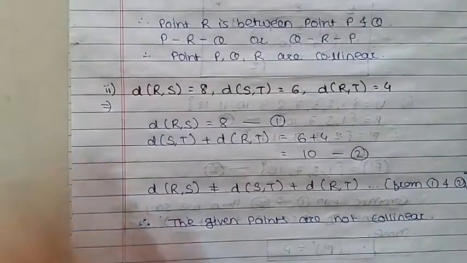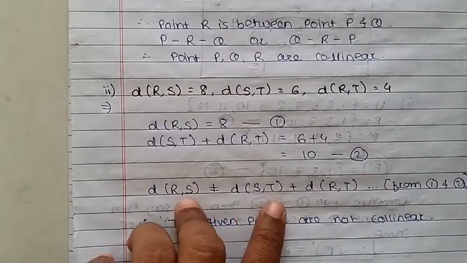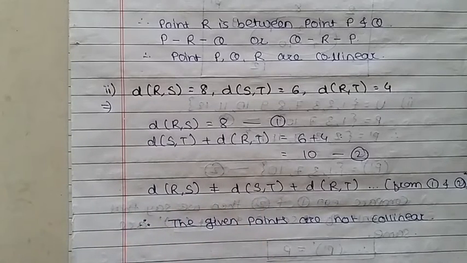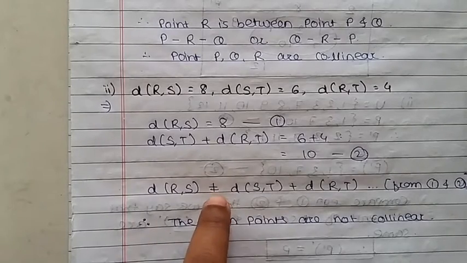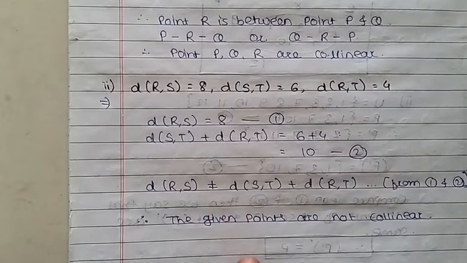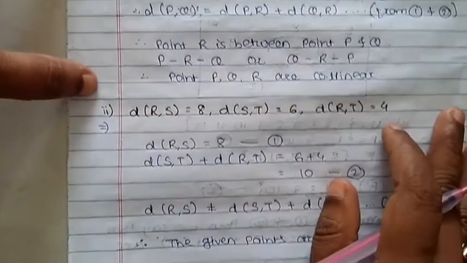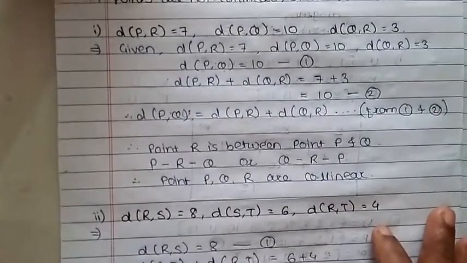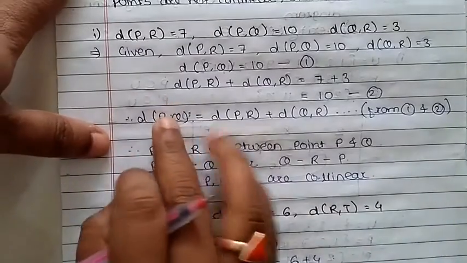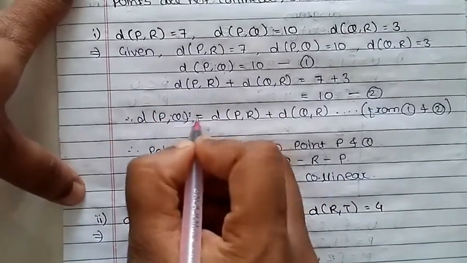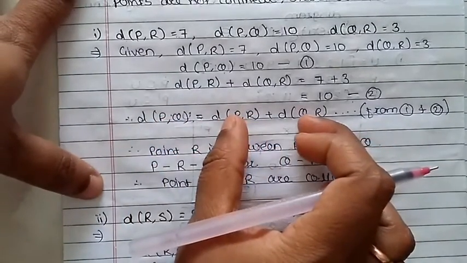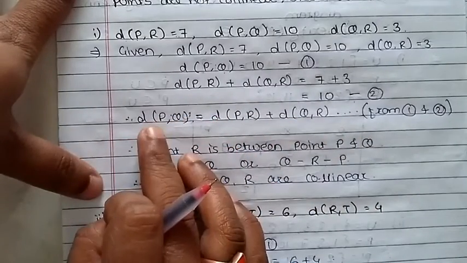Okay, when they are equal, then and only then can we say that the given points are collinear, and if they are not equal, as in this one, the given points are not collinear. Clear? In the first example, they are equal, that means the sum of the other two distances is equal to the first distance.